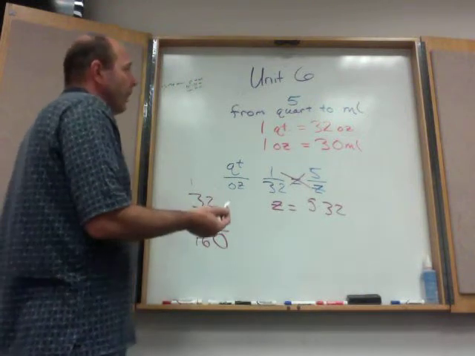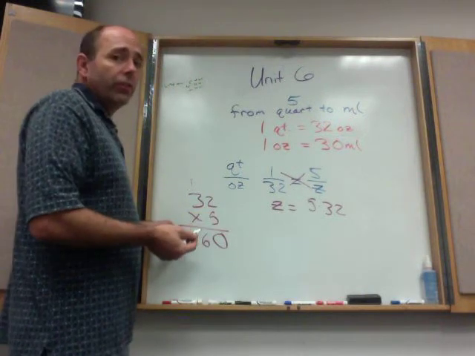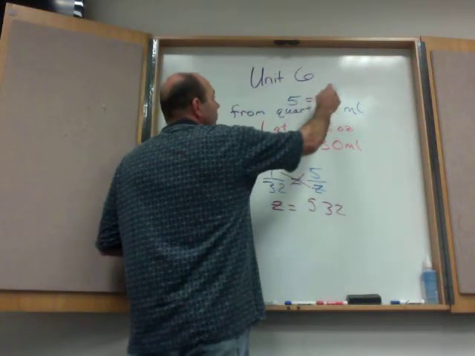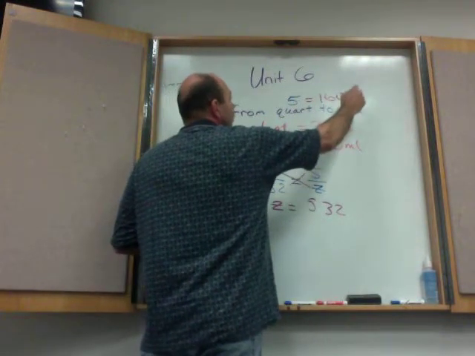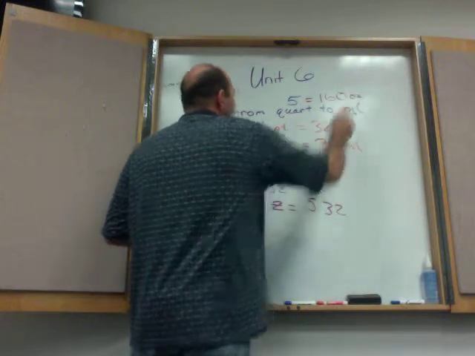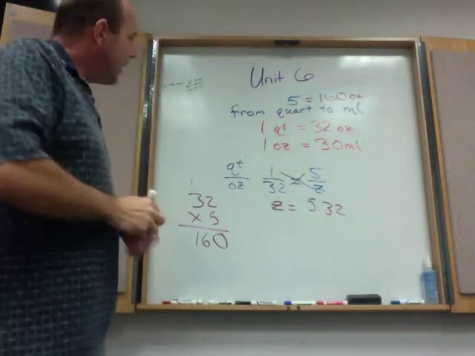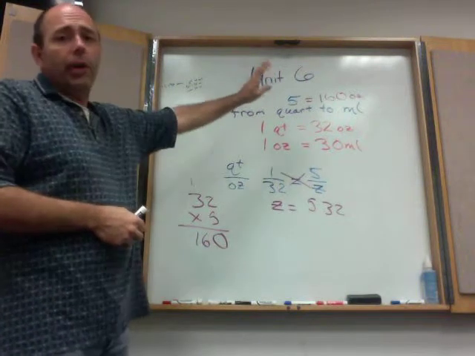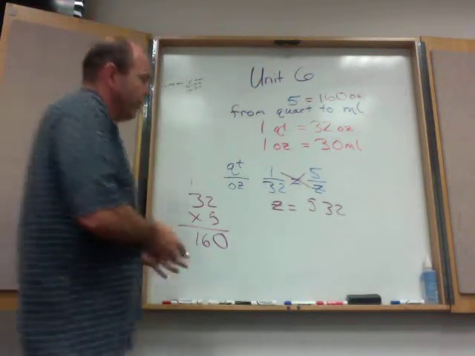So I just found out that my 5 quarts is equal to 160 ounces. Okay? Now I'm done with the first step. I don't need this information anymore. I wrote down the part that I need. I can just erase this.